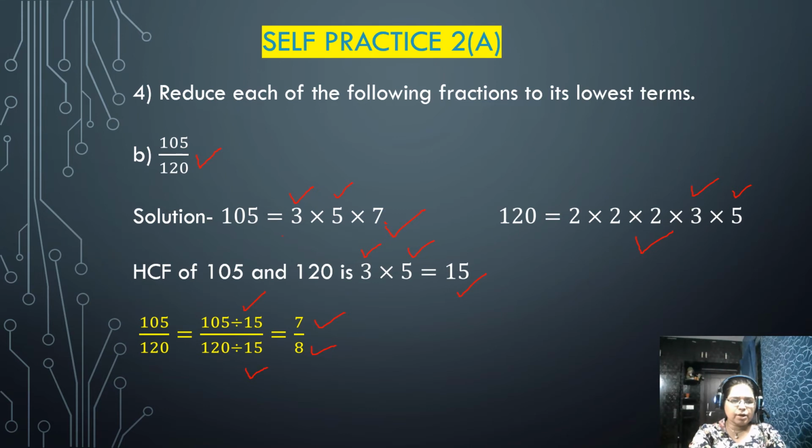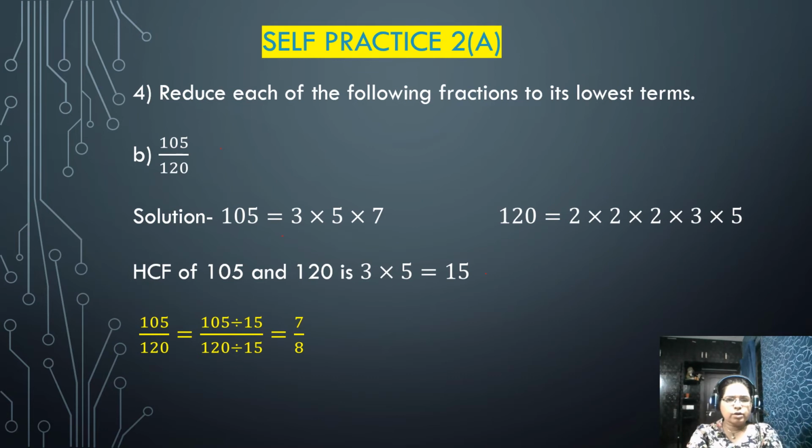And 7 divided by 8 is the simplest form, that is the lowest form of the fraction 105 divided by 120.